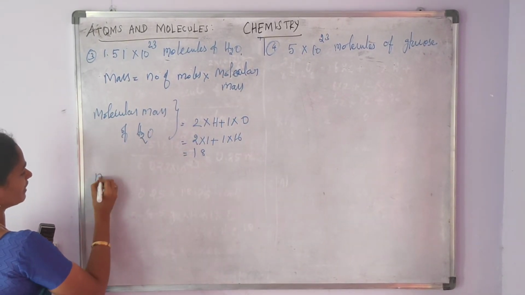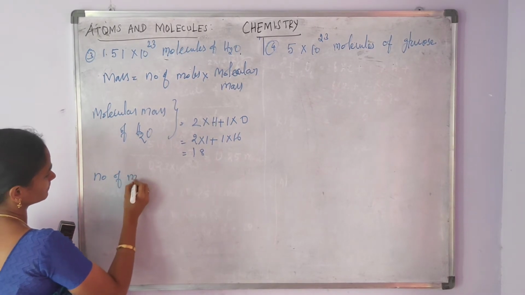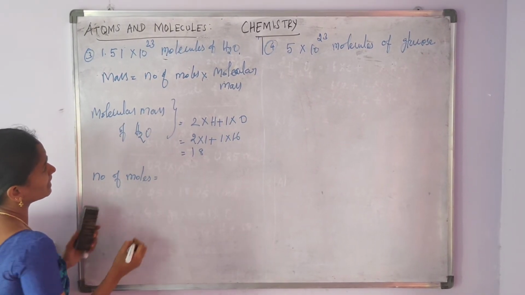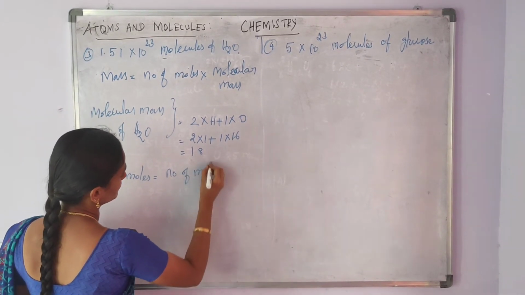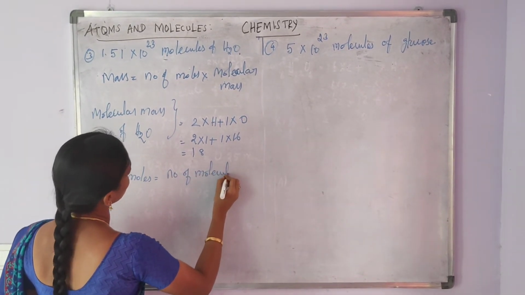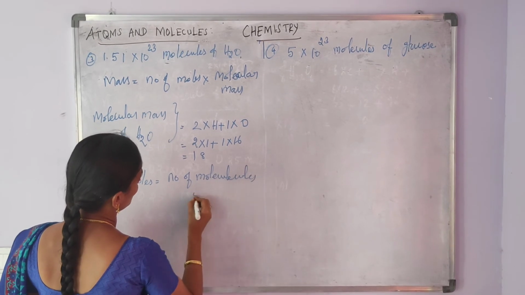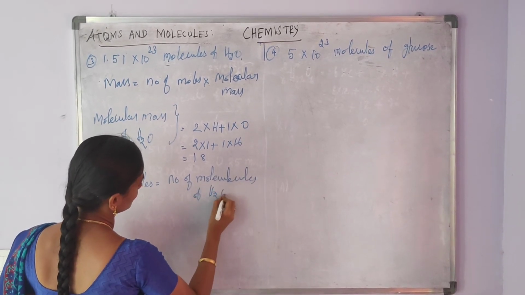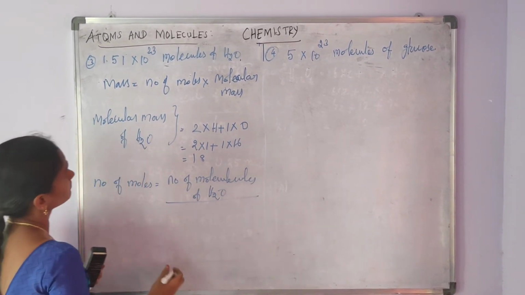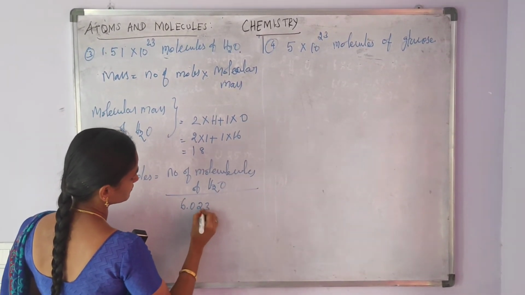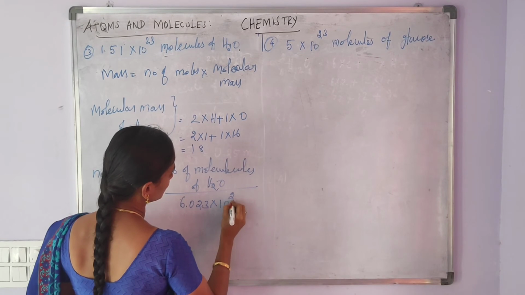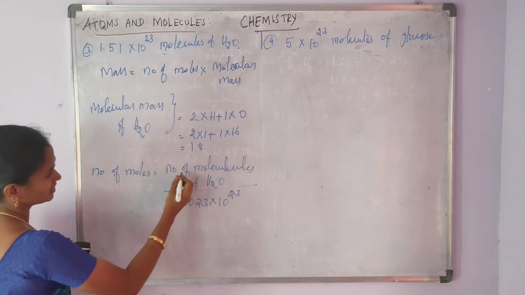Okay. And then finding the number of moles. Number of moles is equal to, the formula is number of molecules of water divided by Avogadro number, that is 6.023 into 10 power 23.